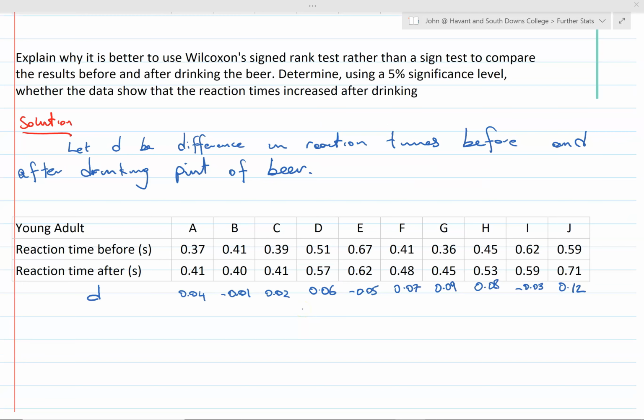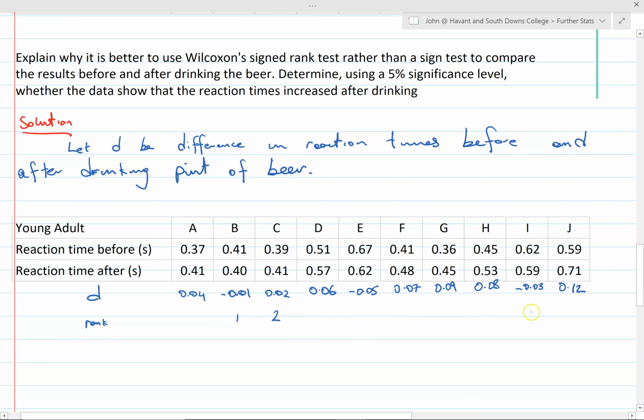So now, just as before, we're going to rank, but we're going to take the modulus, if you like, so we are ignoring the negatives. Now some people put another row here of taking the negatives out, but I don't see that that should be necessary. Just pretend the negative is not there when you're ranking them. So the lowest magnitude is 0.01, so that's 1. The next is 0.02.